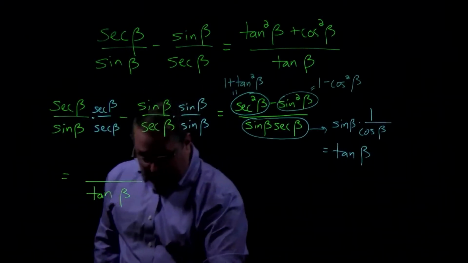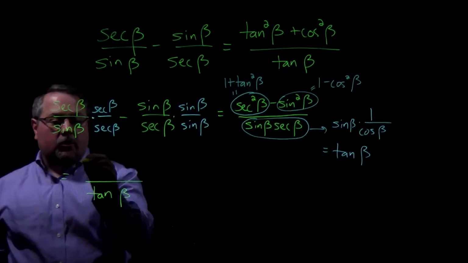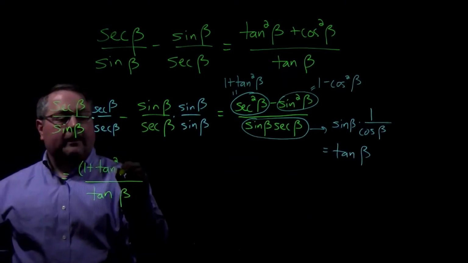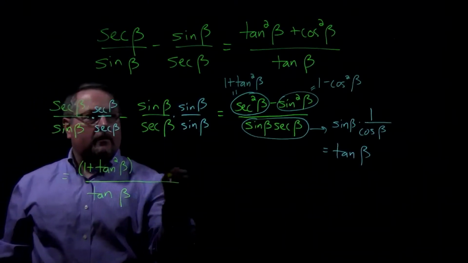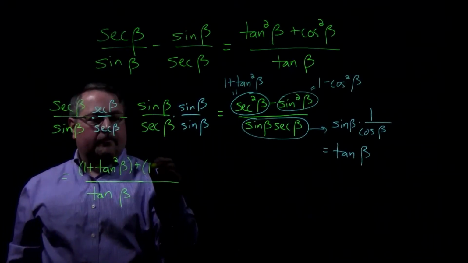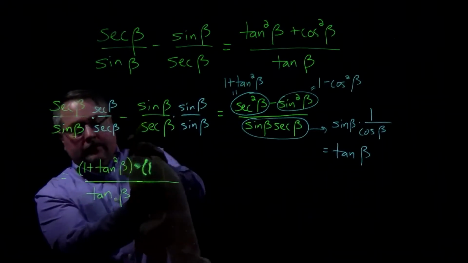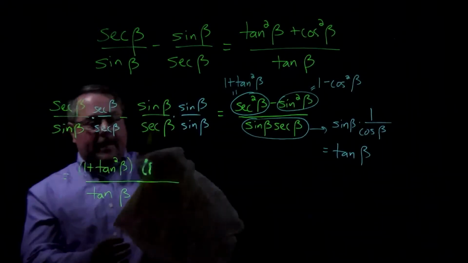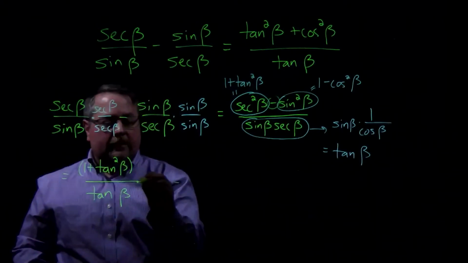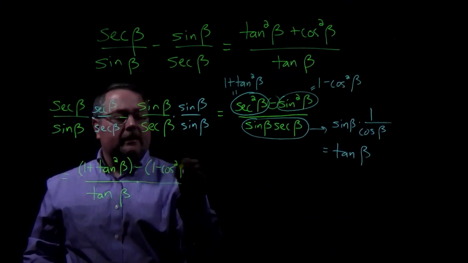So using our Pythagorean identities and rewriting, we can write our numerator as 1 plus tangent squared beta minus, I should say. So we're subtracting, so we're going to subtract 1 minus cosine squared beta.